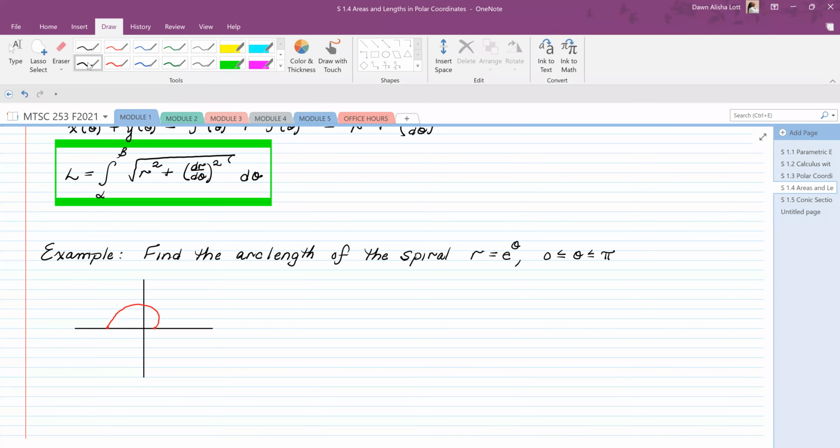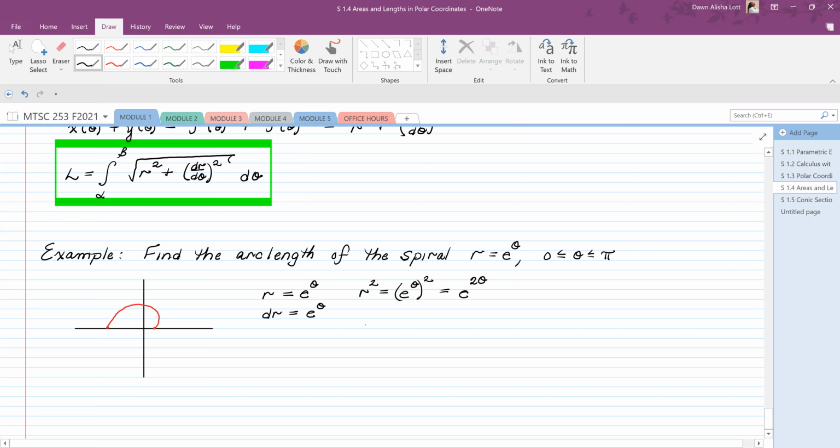Okay. So r is e to the theta, and dr d theta is e to the theta. So r squared is e to the theta squared, but that's just e to the 2 theta.